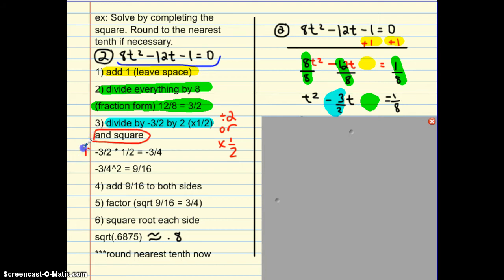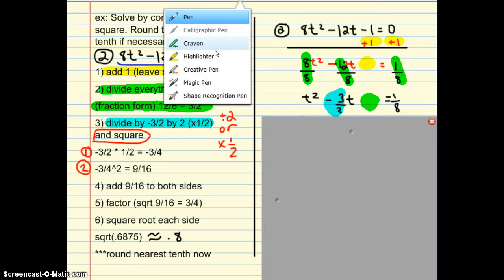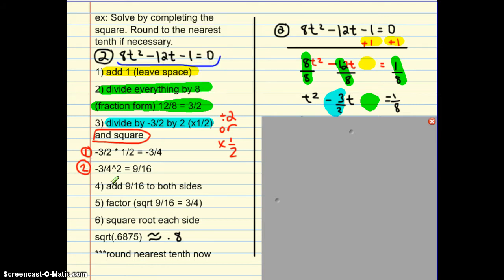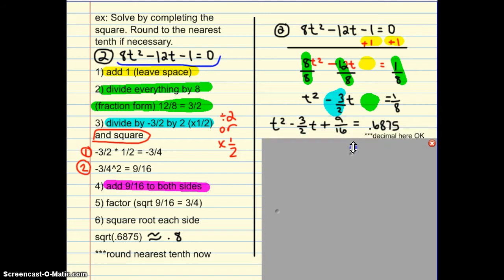So I take that negative 3 over 2 and I multiply it by half, and I get negative 3/4. And then when I square it, I get 9 over 16. So I'm going to add 9 over 16 to both sides.